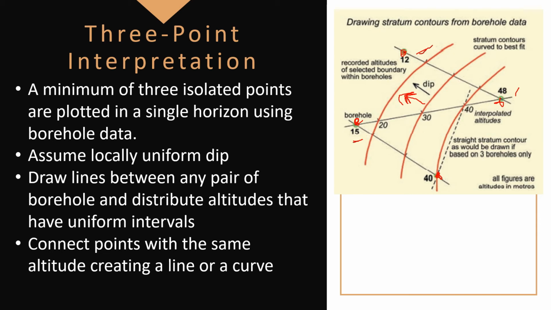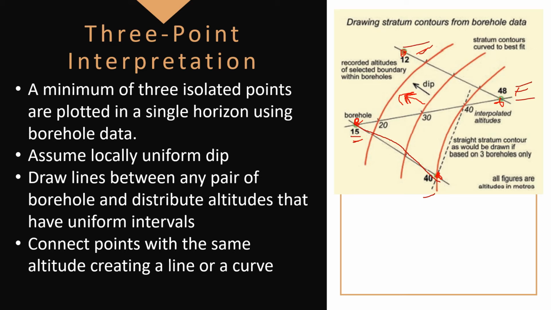So how about this 40 and 48 elevation of boreholes? As we have observed, compared to the other elevations, their gap is lower also. So the lines, as you have observed, are drawn between these boreholes: an elevation of 15 and 40, an elevation of 15 and 48, and an elevation of 15 and 12.